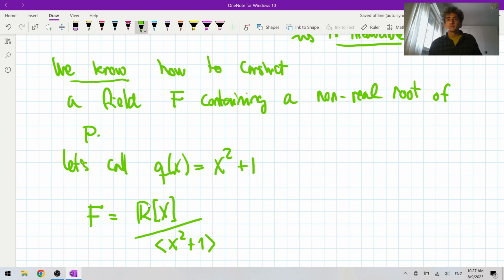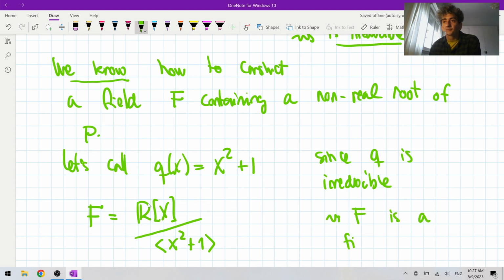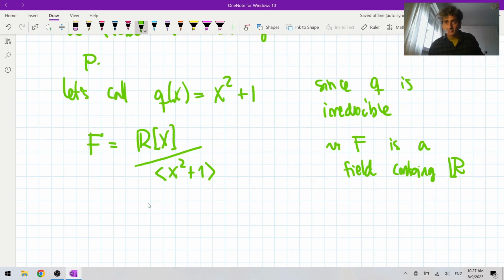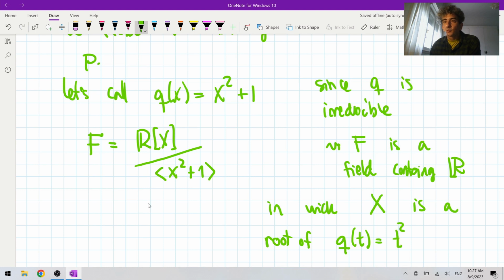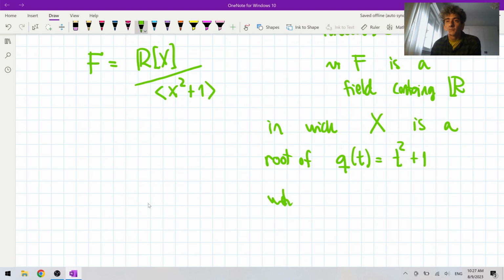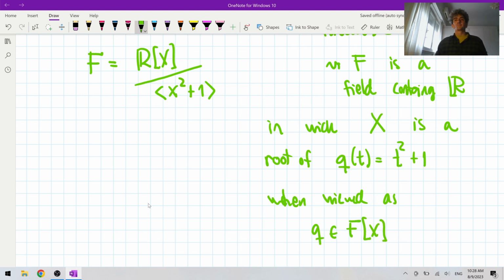Okay, so since Q is irreducible, then F is a field containing R, of course, and also in which X is a root of Q of t, t squared plus 1, when viewed as a polynomial with coefficients in F. Okay, with coefficients in F. So Q evaluated at x is x squared plus 1, and this is 0 in this new field F.